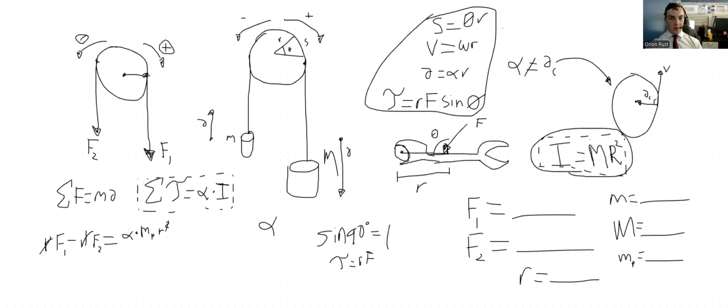So when we solve, we get F1 minus F2 all over the mass of the pulley times r, MPR, equals alpha. So this is what we get. And they might do something goofy like ask you for omega or the angular velocity.